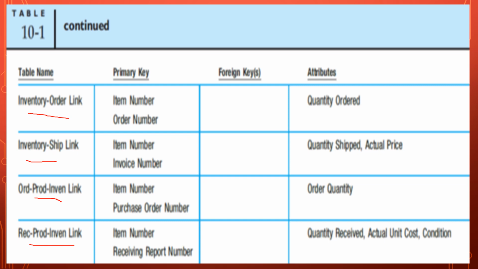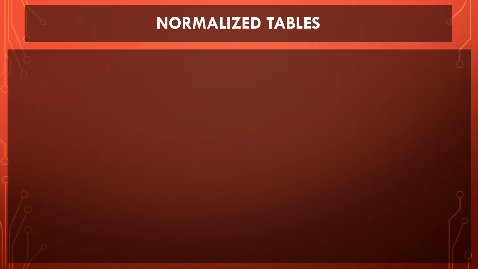For the foreign key, mainly it is for the events, whereas for resources, agents, and link tables, there are no foreign keys.